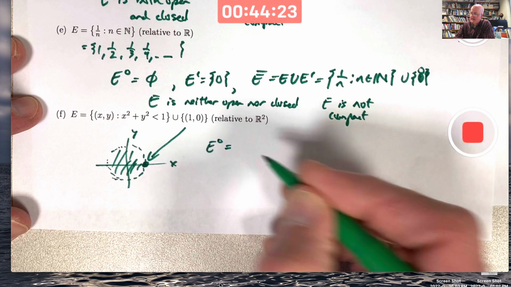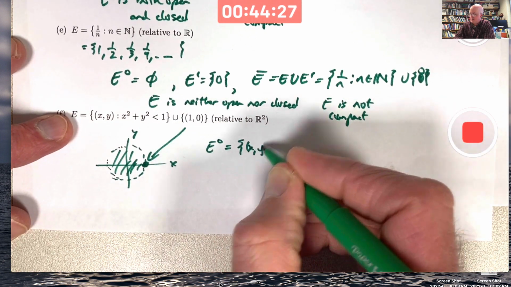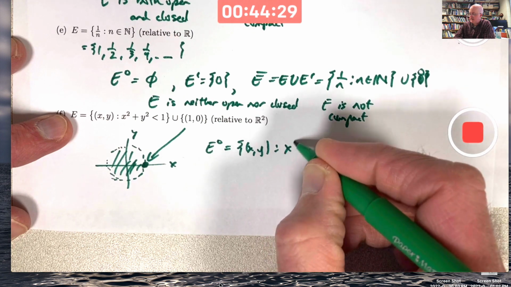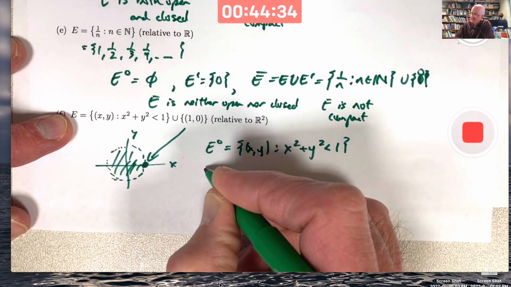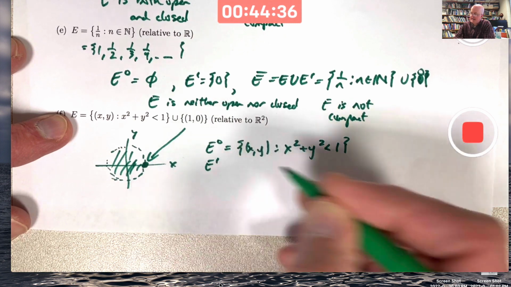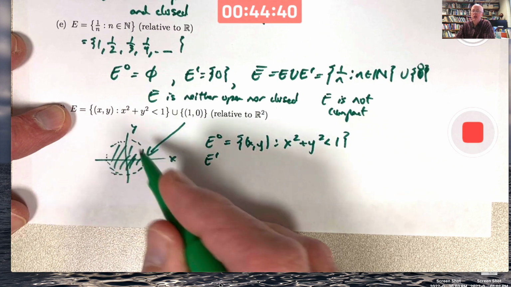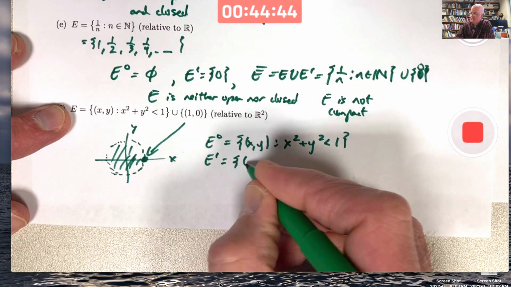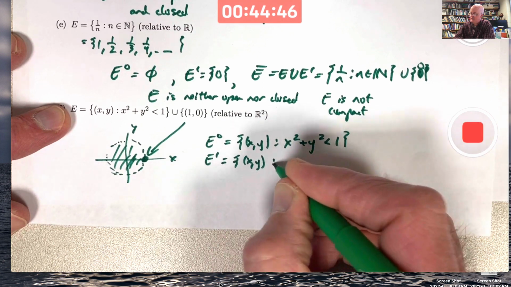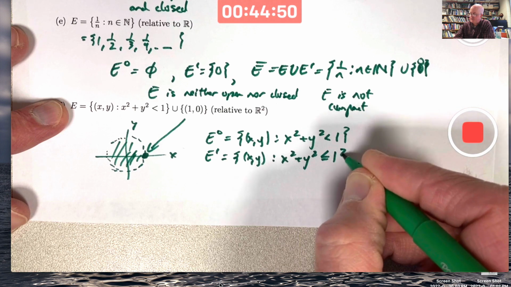The interior of E is just this part, all the points satisfying the inequality. If that's true, the derived set will be, think about it here, what are all the possible limit points? The entire closed disk will be limit points. So change that inequality to a less than or equal to.